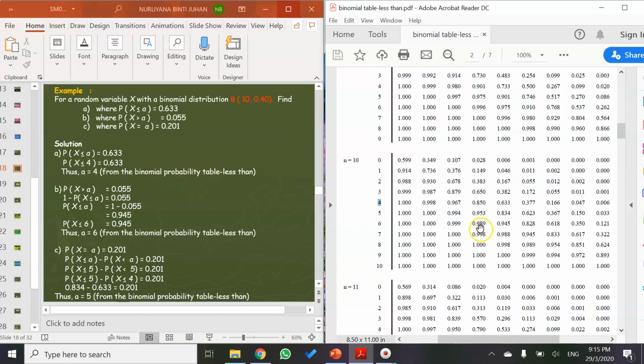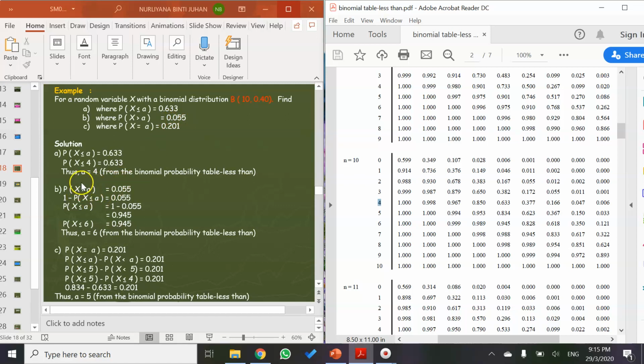Okay, so that's the difference from the previous question. Let's see question B. Find a where probability X greater than a equal to 0.055. So you need to find the a.